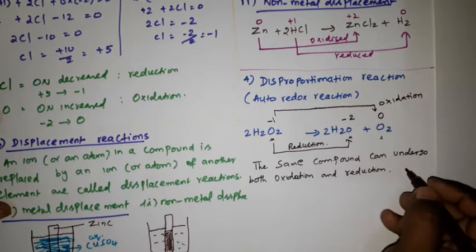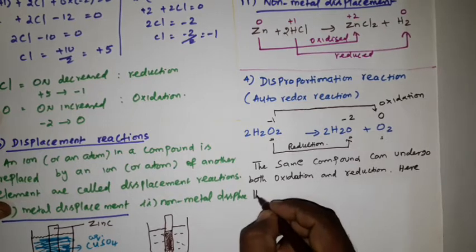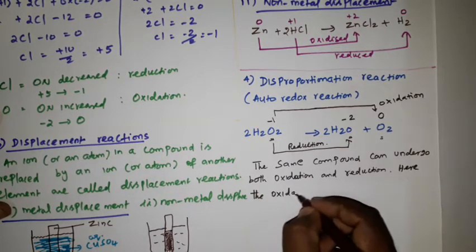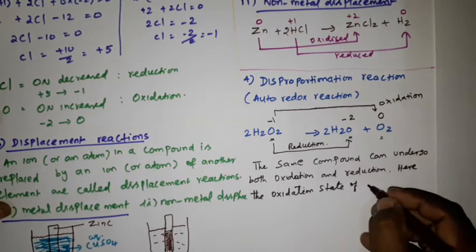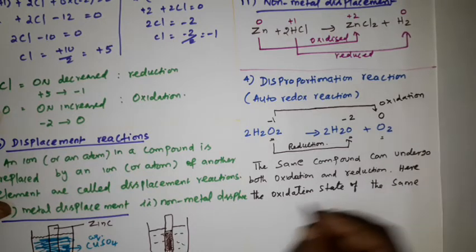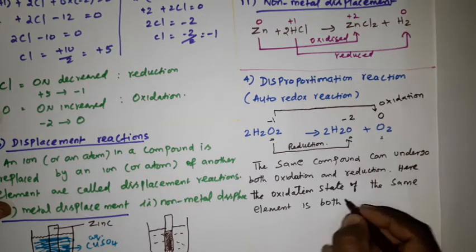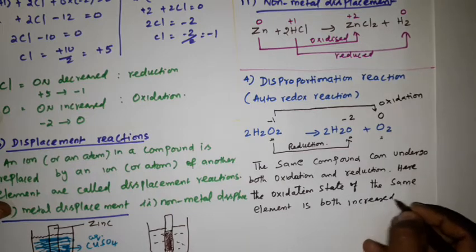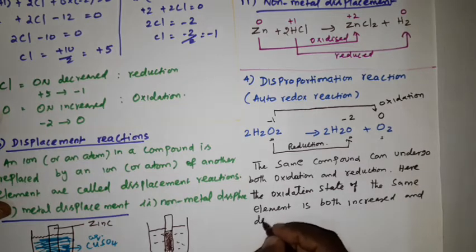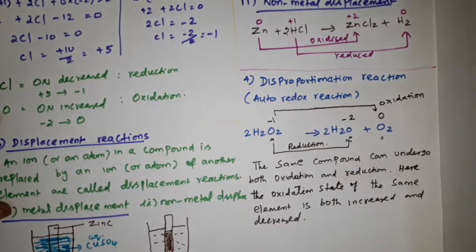So in such reactions, the oxidation state of the same element is both increased and decreased. So this type of reaction is called disproportionation reaction.